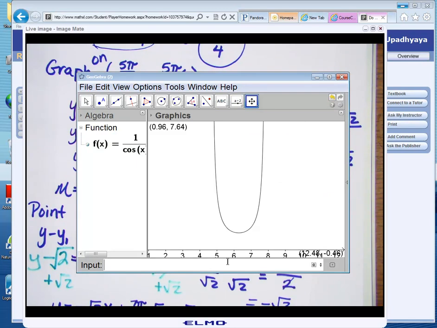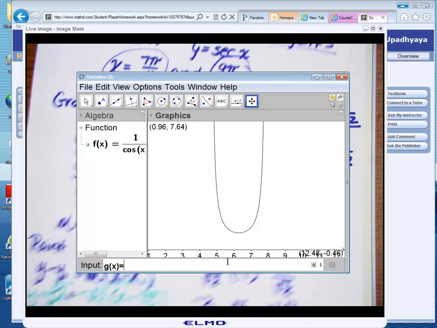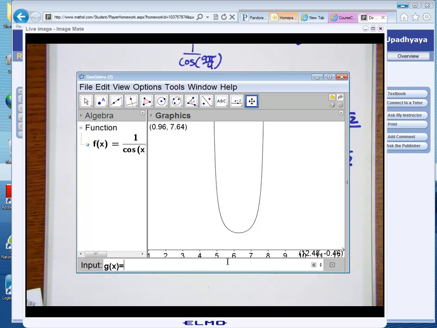Next, it wants me to graph those two lines we generated. So the first one I'm going to use is g of x. And this is just a labor of typing in these long equations. The first equation we came up with was minus square root of 2.